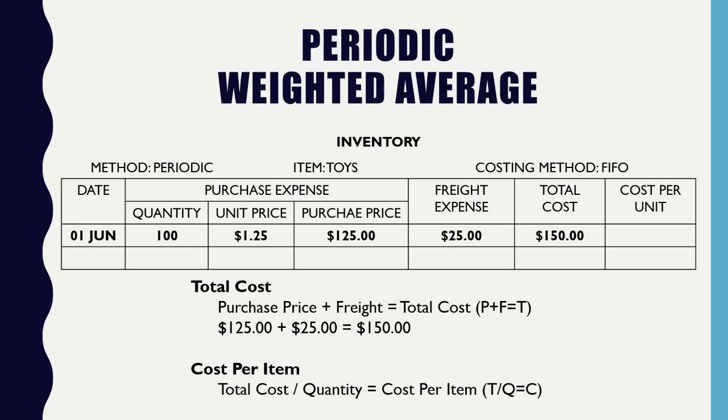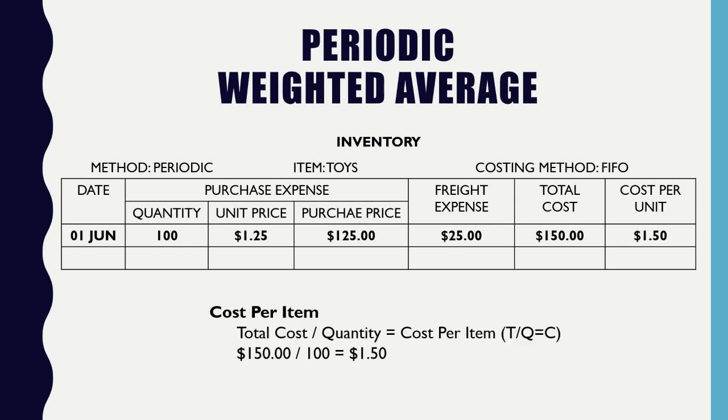We want to solve for the total cost divided by the total quantity. So for practice purposes only, let's do it for the first one, because we're assuming this is the only batch of inventory that I will have. I will calculate the total cost of $150 divided by those 100 units, which will give me $1.50.